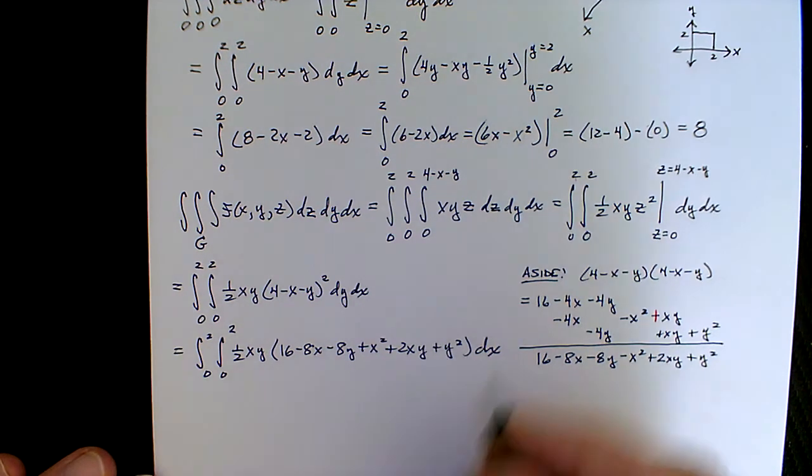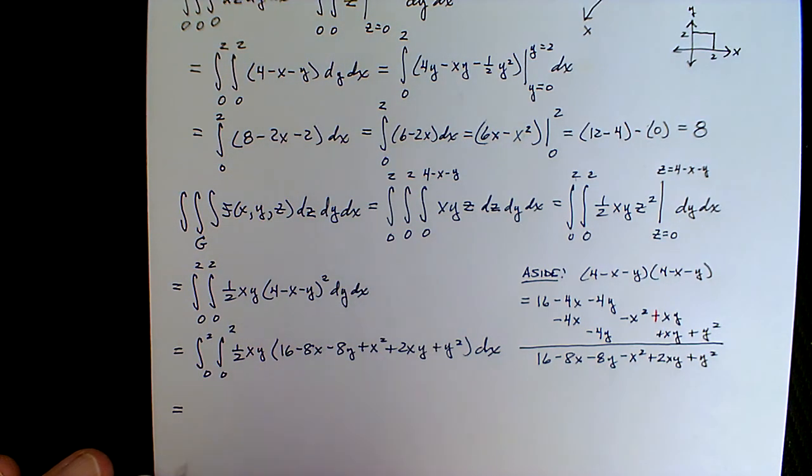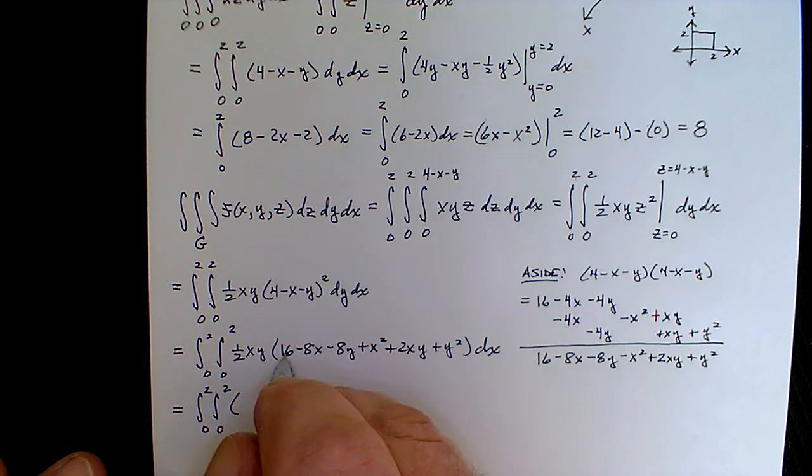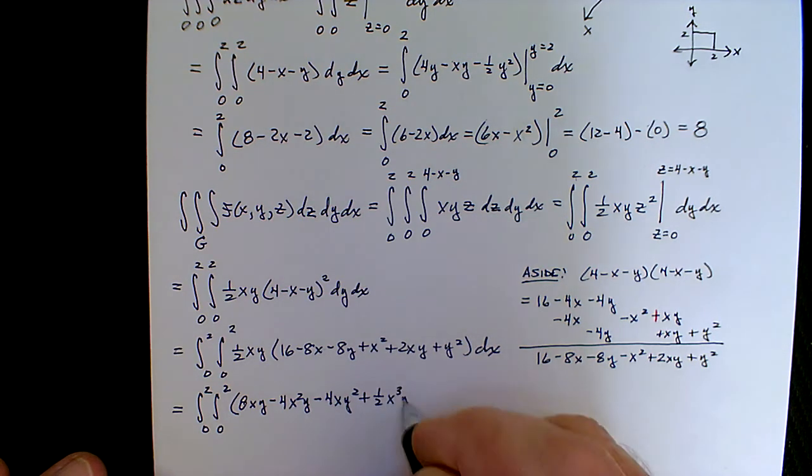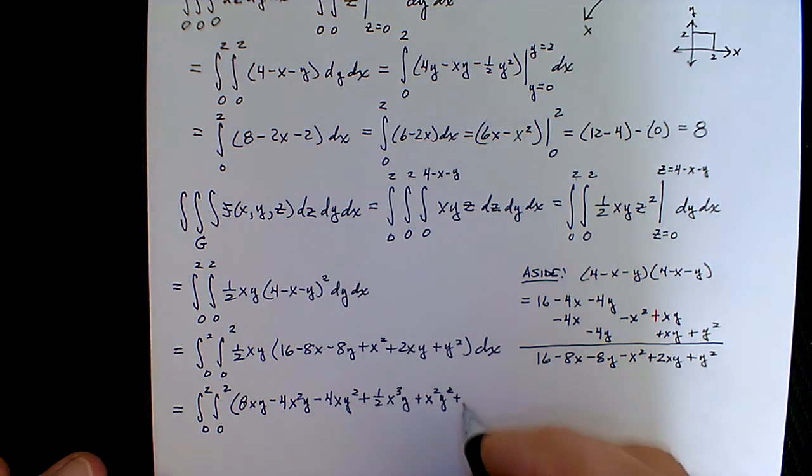So the integral from 0 to 2 of the integral from 0 to 2 of, distributing, this gives us 8xy minus 4x squared y minus 4xy squared plus 1/2 x cubed y plus x squared y squared plus 1/2 xy cubed, all with respect to x.